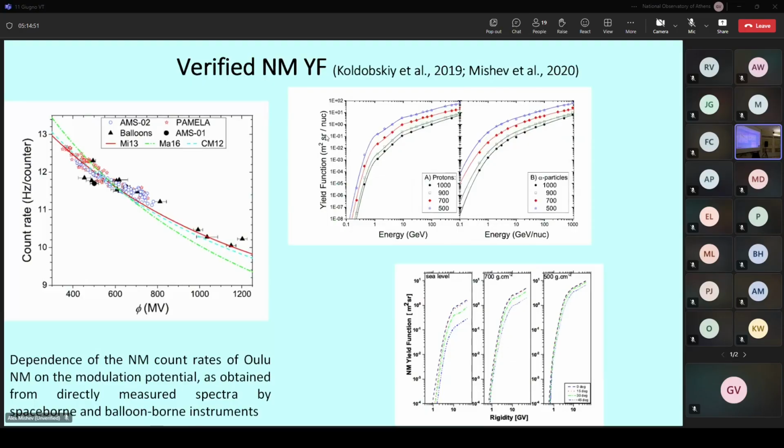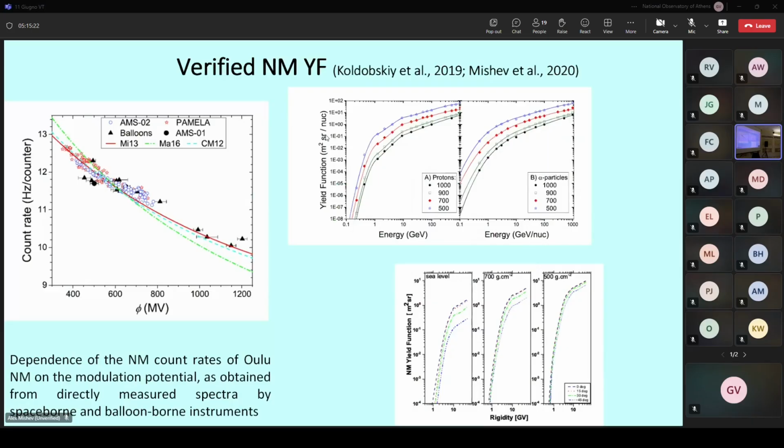the others. After this improvement, we also computed the yield function for isotropic incidence for different levels, ranging from 500 grams up to sea level, so that we can model each neutron monitor in the network with its own function, corresponding exactly to the altitude of the station.